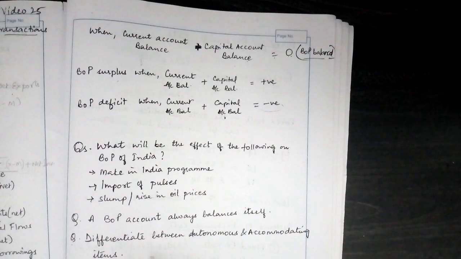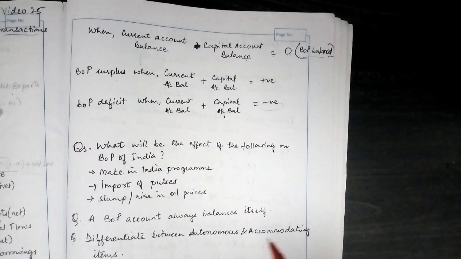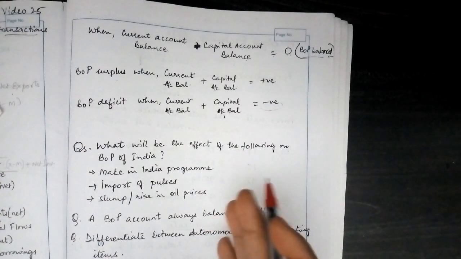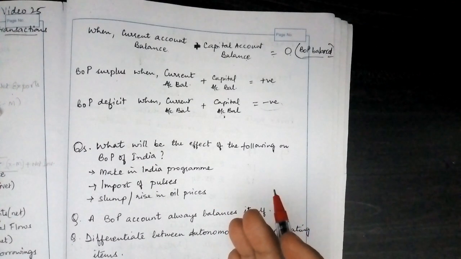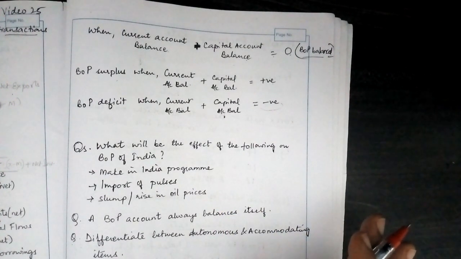Then another important question is: differentiate between autonomous and accommodating items. What we have learned just now is that the autonomous items are considered for profit maximization, but accommodating items are free from profit maximization.